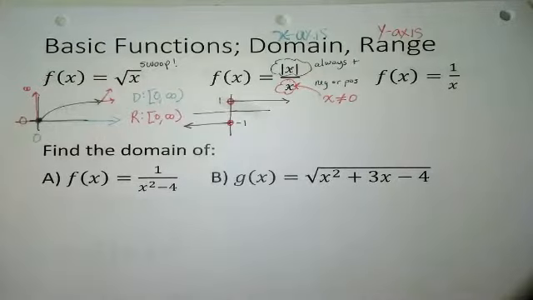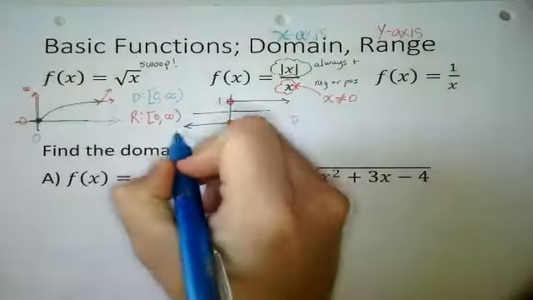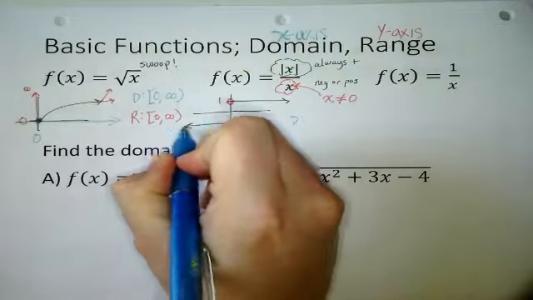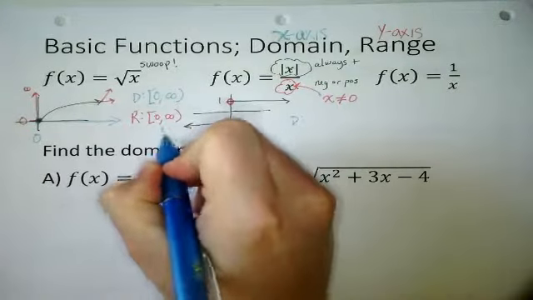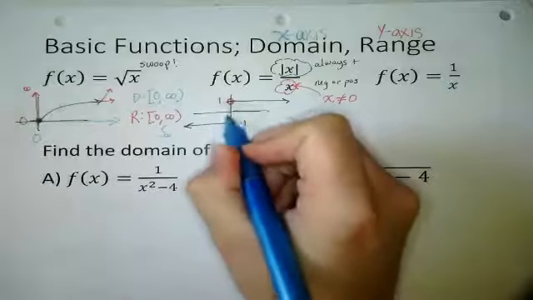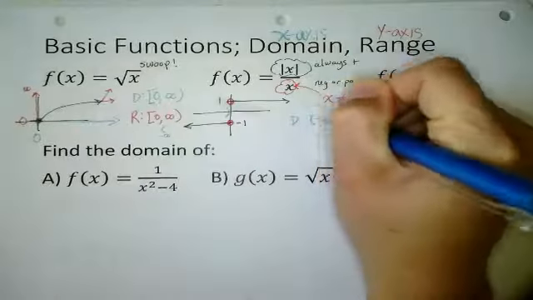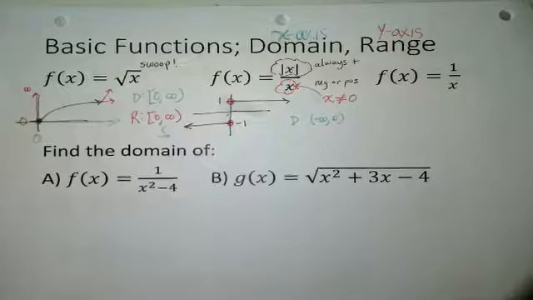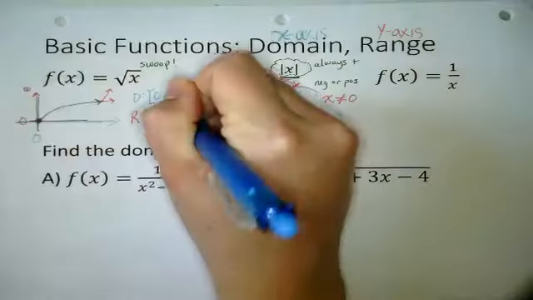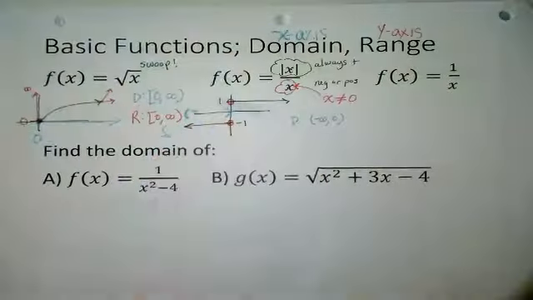So it turns out for this graph, the domain goes forever, all the way out here to negative infinity. And then it comes to 0 right here, and we can't include 0. So our domain goes from negative infinity to 0, and I cannot include 0. I like to do it this way on the axis. Negative infinity all the way over here to 0.